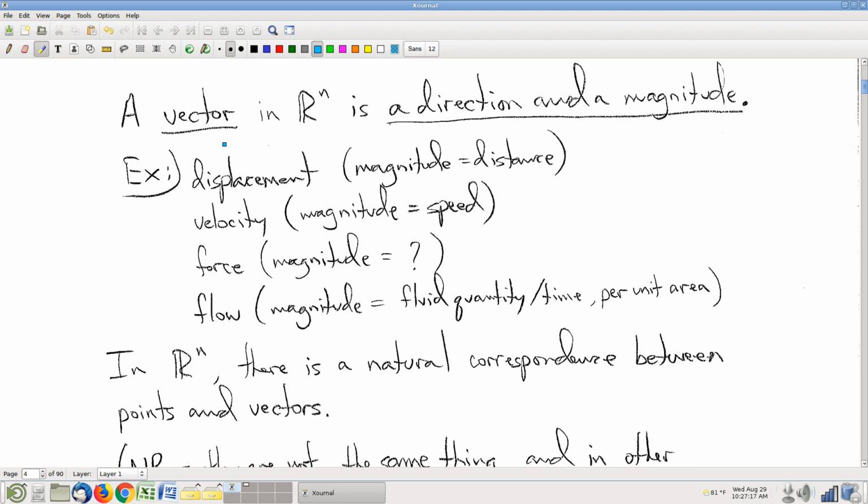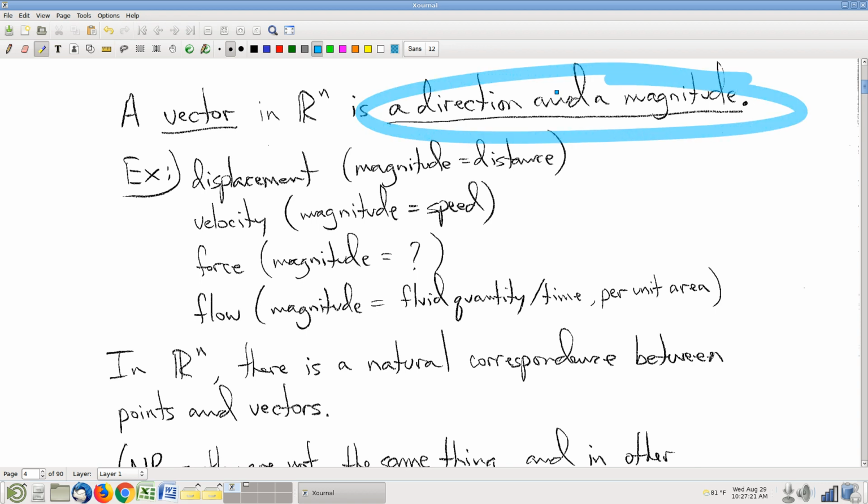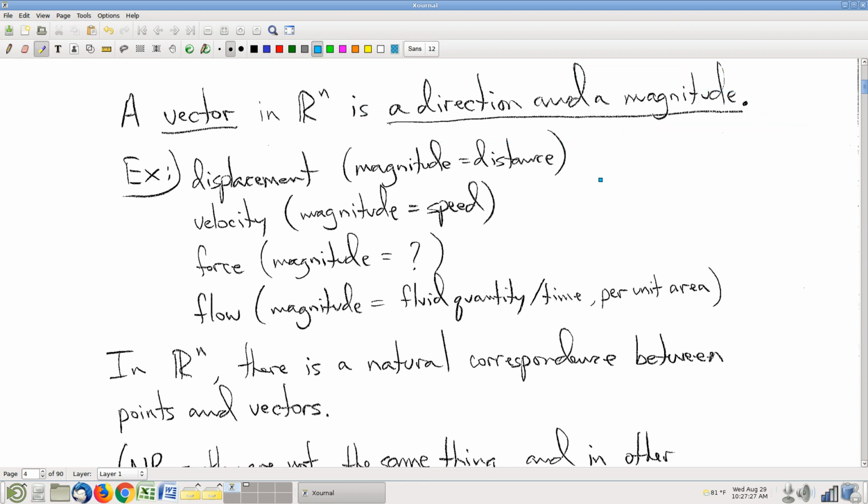So you might ask the question, why would we want to combine these 2 concepts? What do these concepts have to do with each other? It turns out this particular pairing comes up a lot. If you want to talk about a displacement in physical space, I was here, now I'm here, some sort of movement. Well, you moved in a direction, and by a certain distance, that distance is a magnitude.